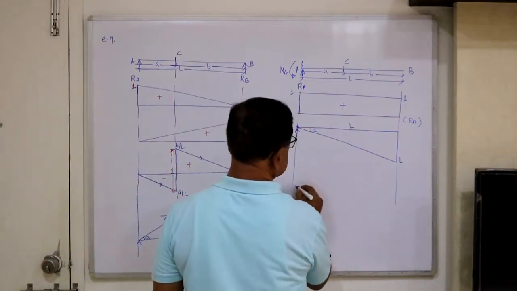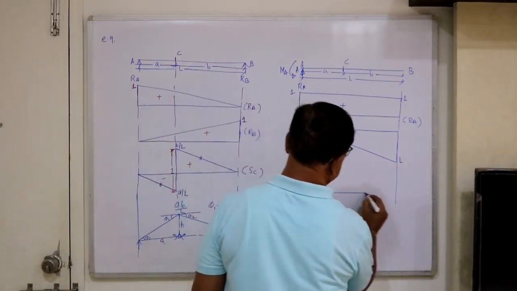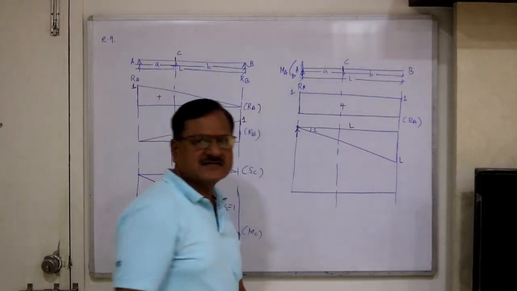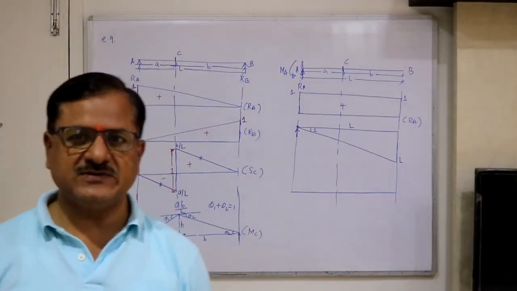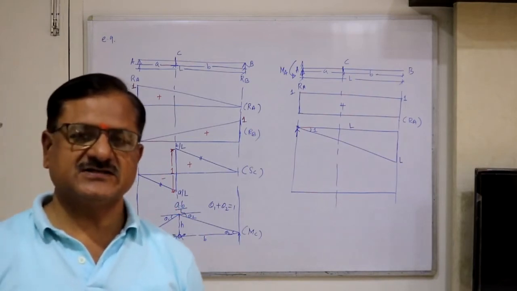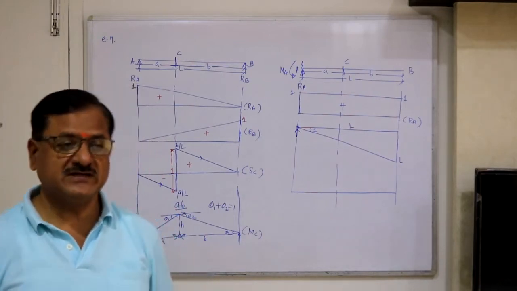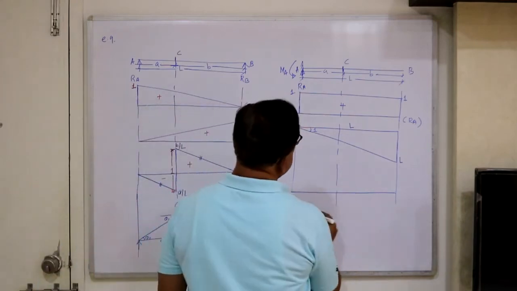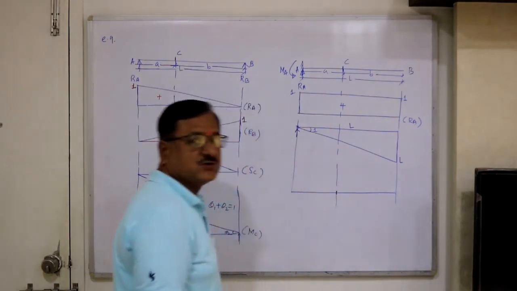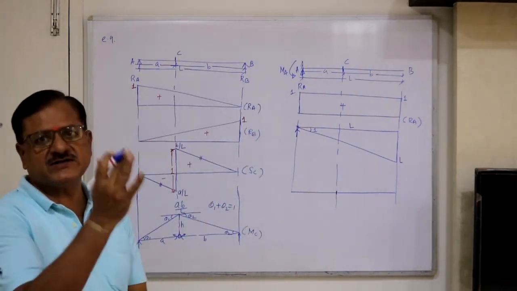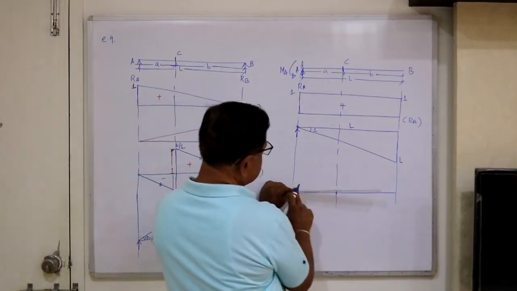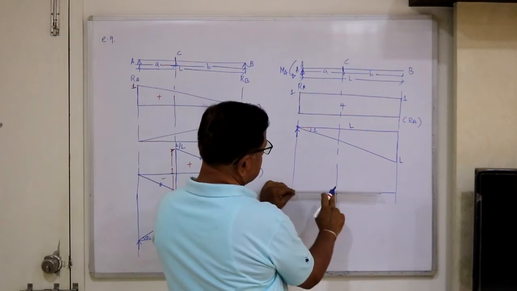Now let's consider the section C by using Muller-Breslau. Already we have constructed all these ILDs by calculations, by establishing the relations between the structural function and the position of the moving unit load. Now shear means we have to take a cut at C. The total shear should be unit, but remember this end is fixed, so it will remain straight up to this.